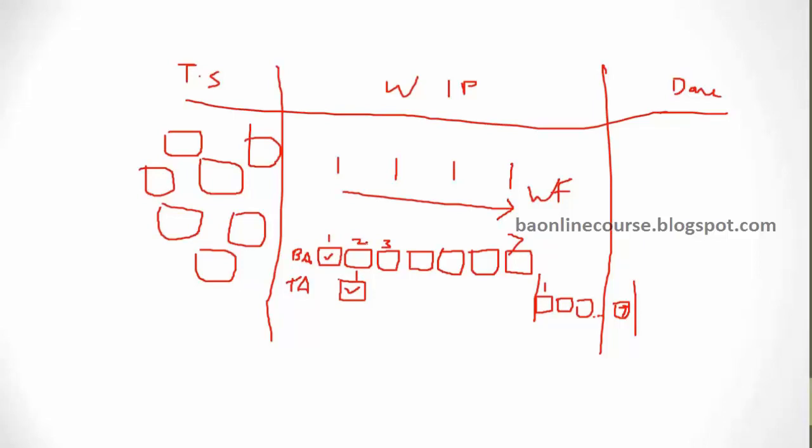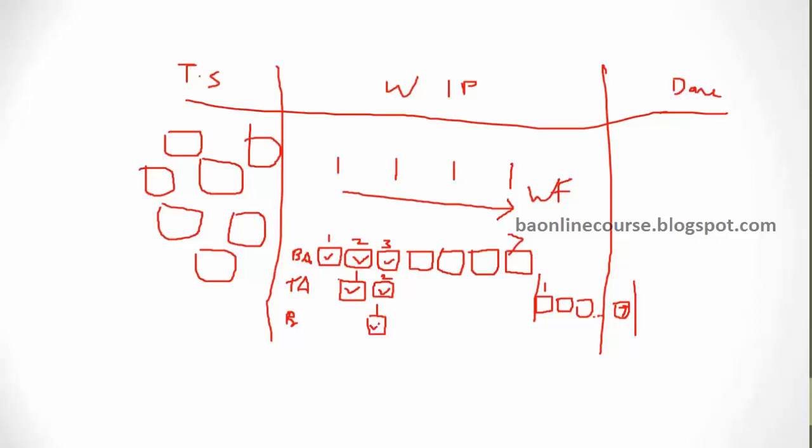Nobody is sitting idle in the project. So while you are capturing requirement 2, the architect is designing for requirement 1. Similarly, the programmers would start from here. You would start requirement 1, while the technical architect would work on requirement 2.